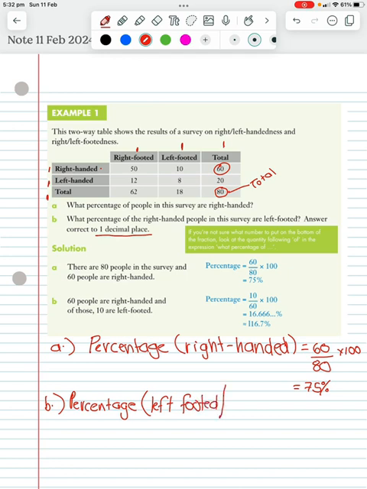So remember, a straight up and down line means given. Because even though it doesn't say it, it's conditional probability. So there's the condition that they are first right-handed and then out of them who is left-footed.